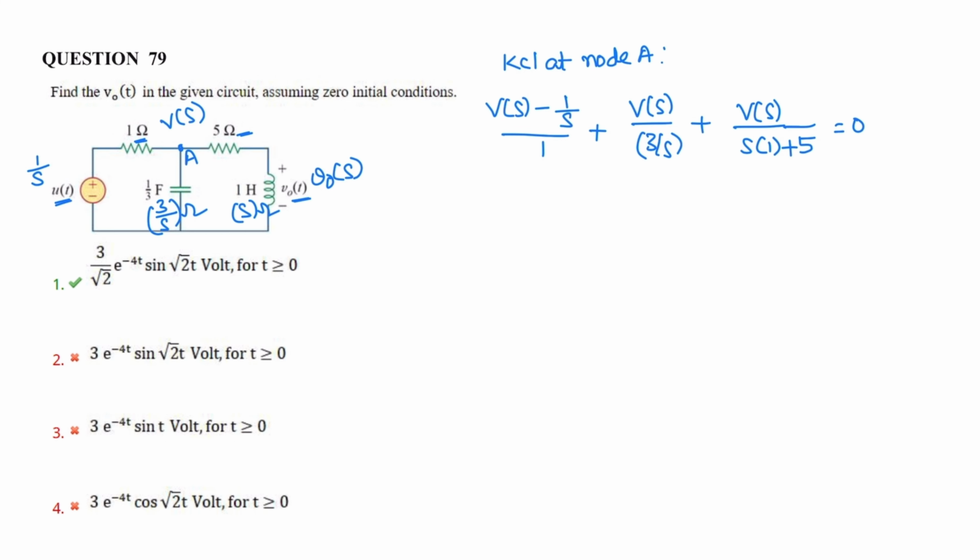So now V of s is 3 into s plus 5 by s into s square plus 8s plus 18.